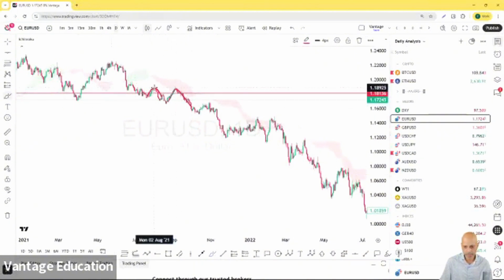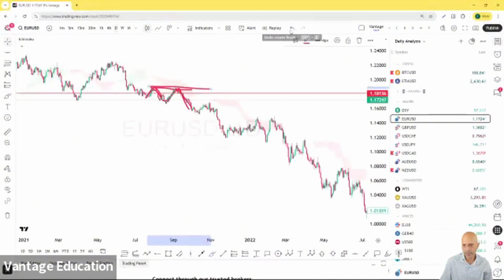We can spot two swing high resistances, showing us a very strong multi-swing high barrier. So this is where we can actually identify a strong resistance as well.